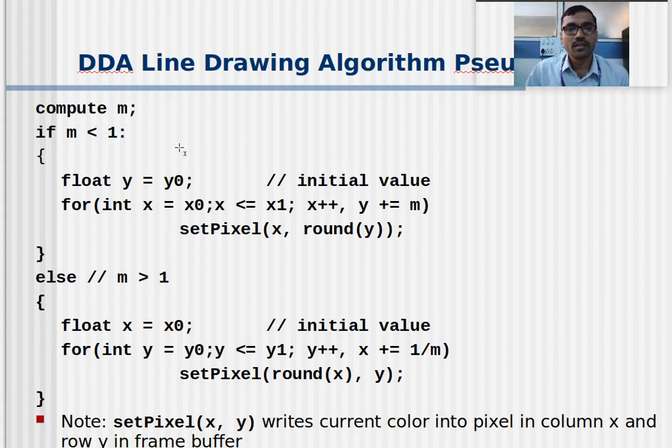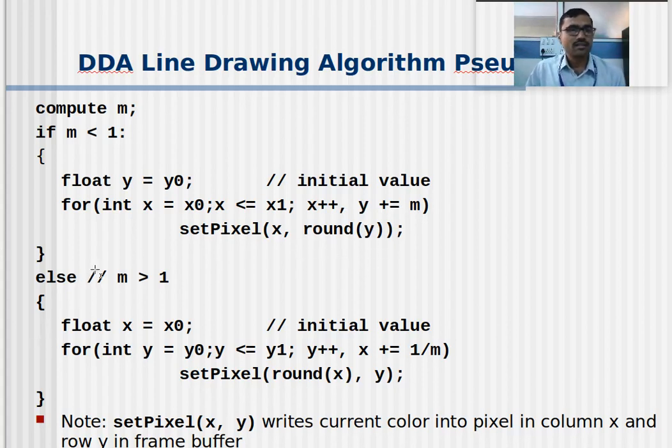So altogether, the DDA line drawing algorithm pseudocode is as follows. Compute m, that is, the slope of the line. If m is less than 1: float y = y0, the initial value, and for x = x0, x less than or equal to x1, we continue up to the end point, x++, y = y + m, and set pixel (x, round y).